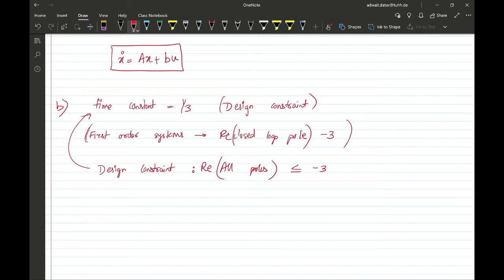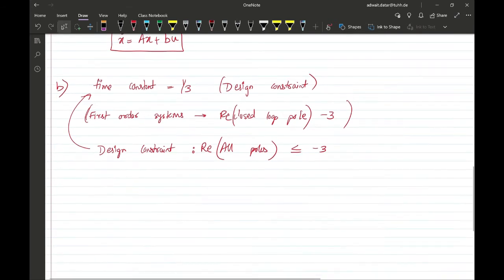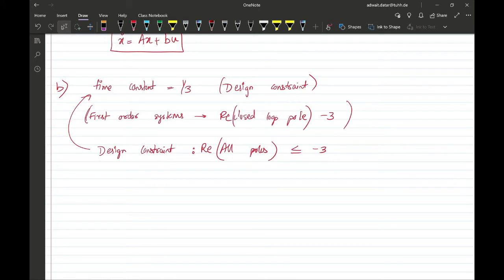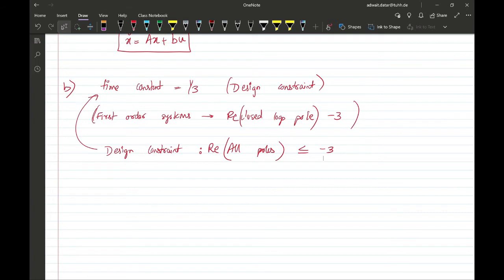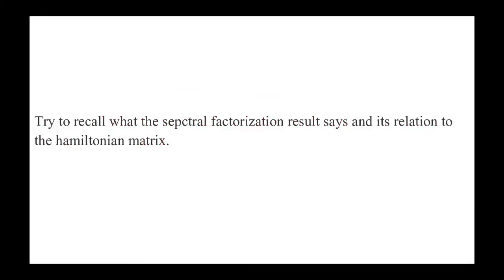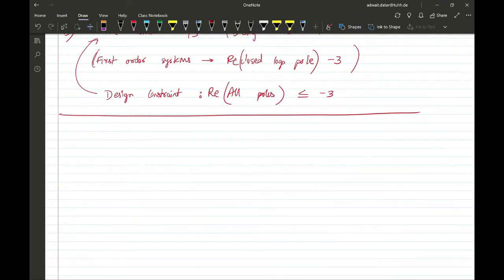So in order to make the tuning easier, we use this idea of combining spectral factorization and the root-locus technique. So let's quickly recap what we learned in the spectral factorization theorem. At this point, I'd like to recommend that you have a look at exercises 5.1 and 7.2, where we dealt with spectral factorization before. So let's quickly review the spectral factorization result.